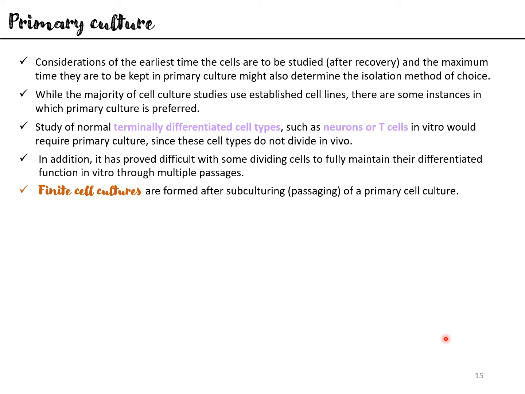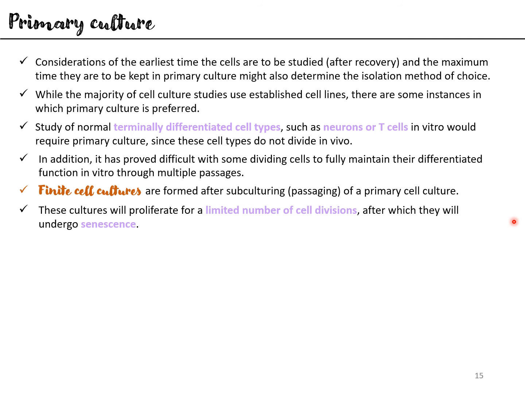However, continuous cell cultures or the commercially available established cell lines have been transformed either by some chemical means or by using some viruses, as a result of which they can proliferate indefinitely and are therefore immortalized. Finite cell cultures, because they are finite in nature, will proliferate for only a limited number of cell cycles, after which they will undergo senescence and die.